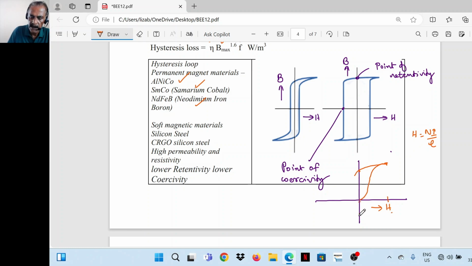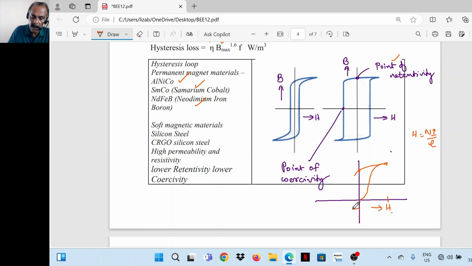We reduce H and bring it back to zero, and the flux density follows another path. At this point H is equal to zero, but there is still a certain amount of flux density in the core. This point is called the point of retentivity. That means once the core is magnetized, even after removing the magnetizing force, a certain amount of magnetization remains in the core.